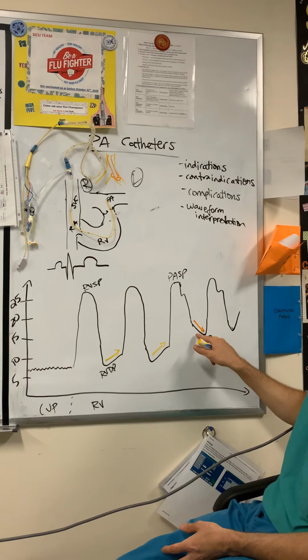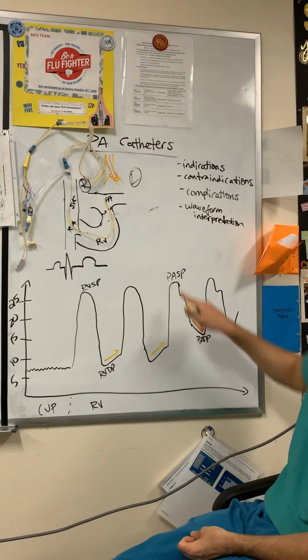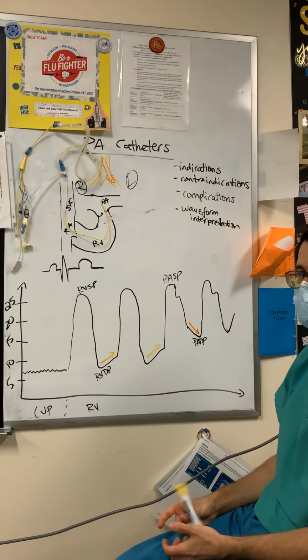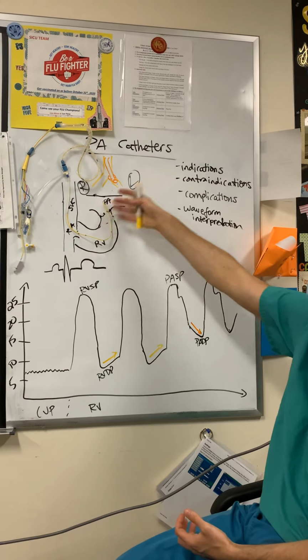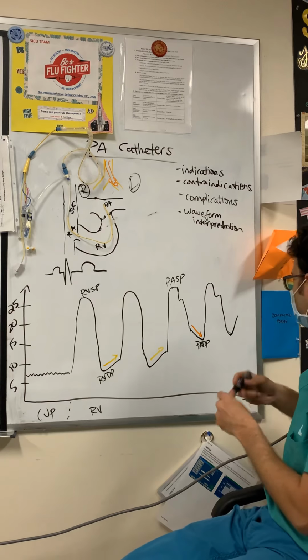If the PA diastolic pressure was very low, the PA would not be as good at funneling that blood forward during diastole. It needs to continuously move that blood forward through the lungs in order for blood to get oxygenated.